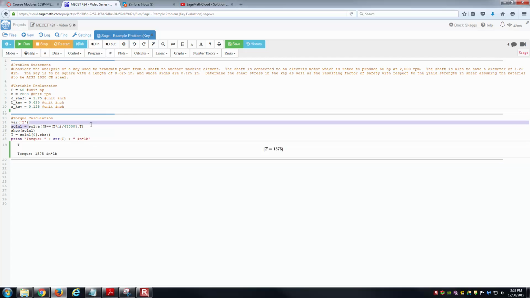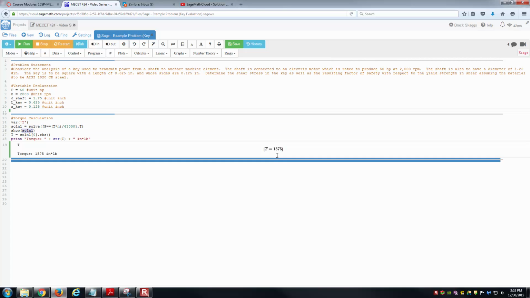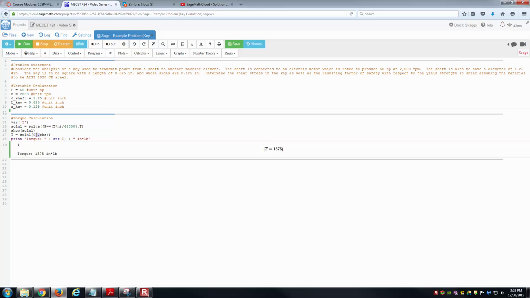We've used the solve command in order to solve for T. We're showing the solution here, and then we're picking out the 0th element in that sequence, which is the only element that's there, and we're grabbing the right-hand side, the 1575, and storing it in T. And then we're saying, let's print the text torque, colon, with a space, plus, now we're going to add a string. So str converts the T to a string so it can be printed. It's just giving me the value, 1575, and then I'm hitting plus, and let's add some more text, plus space inch-pounds there. And so that gives me a nice readout that I can read: torque is 1,575 inch-pounds, which is great.